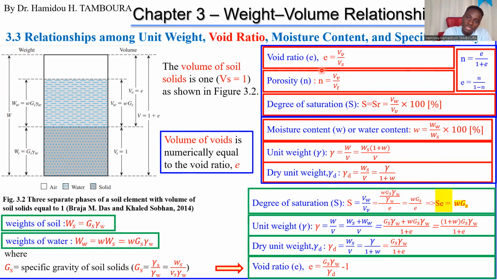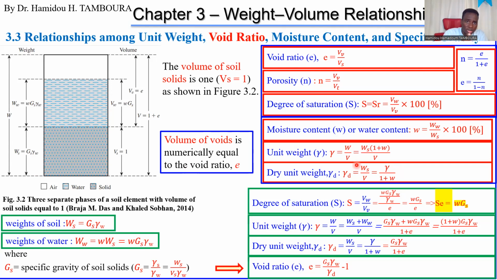So I'm sorry, but you have to remember the definitions: the definition of void ratio, porosity, degree of saturation, water content, unit weight, and dry unit weight. Not the formula, but the definition. You have to remember that void ratio is volume of void divided by volume of solid. This kind of thing. Okay?